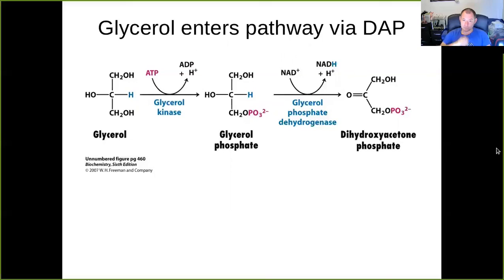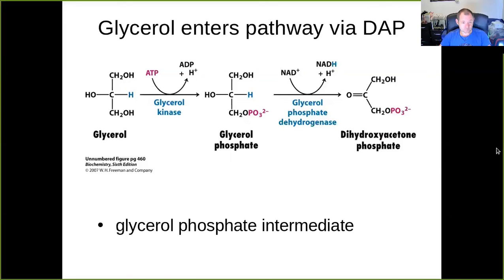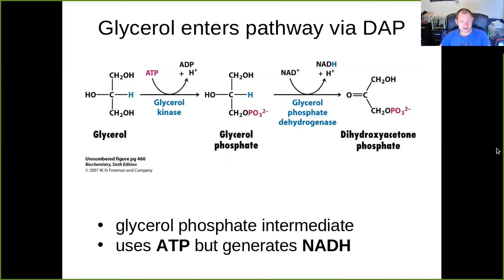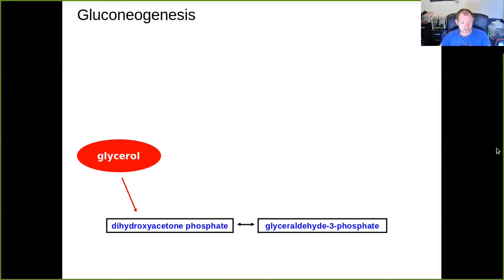So that's how we get the dihydroxyacetone phosphate. This is how glycerol enters the equation. Glycerol phosphate intermediate, that's what we've got. Uses ATP but generates NADH. So glycerol comes along, we get the dihydroxyacetone phosphate, then glyceraldehyde free phosphate.